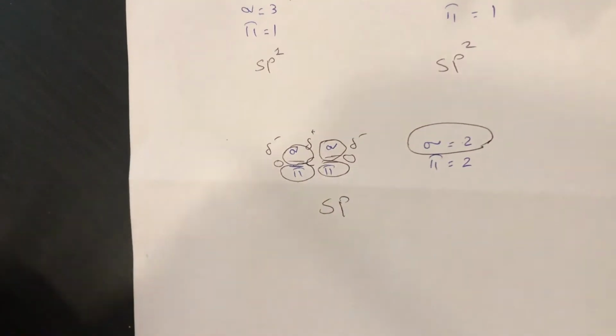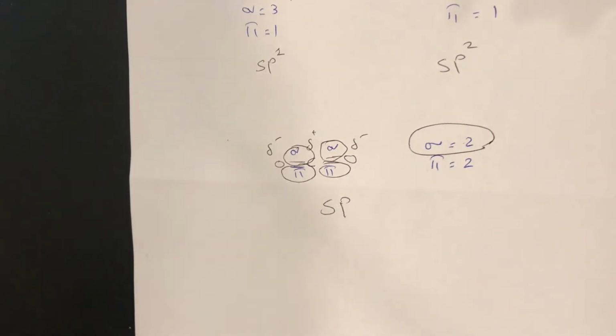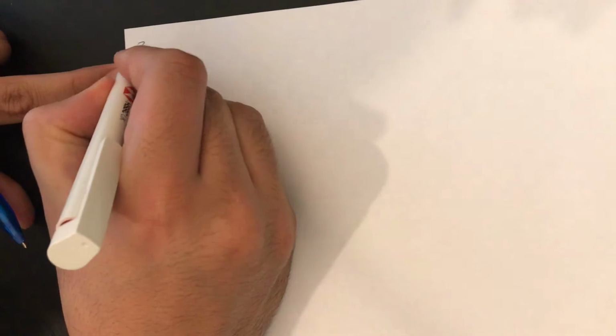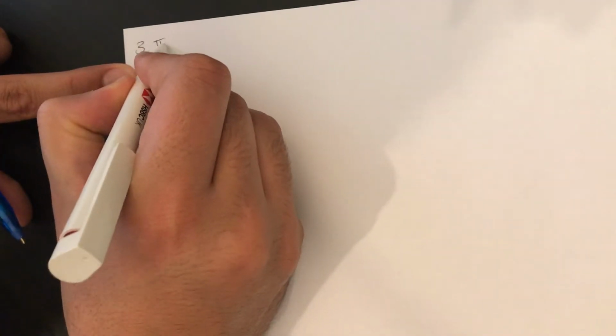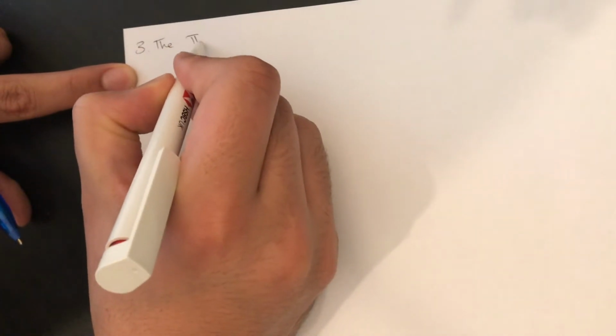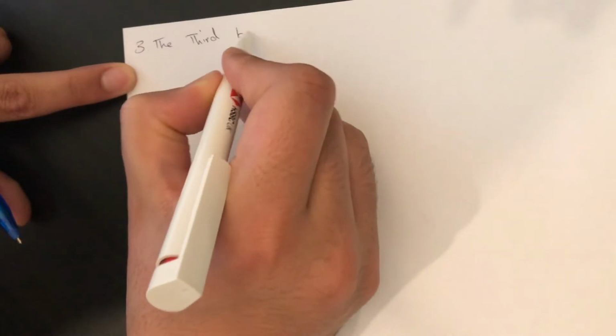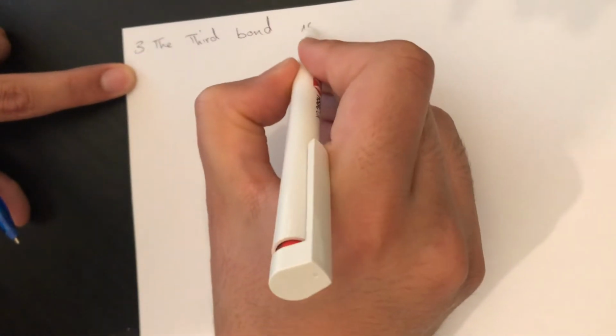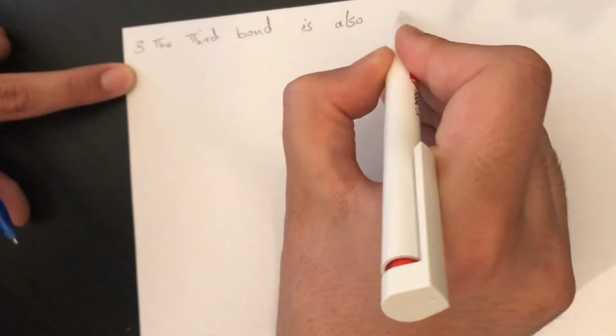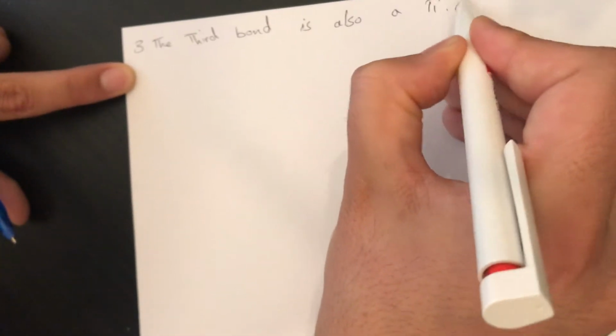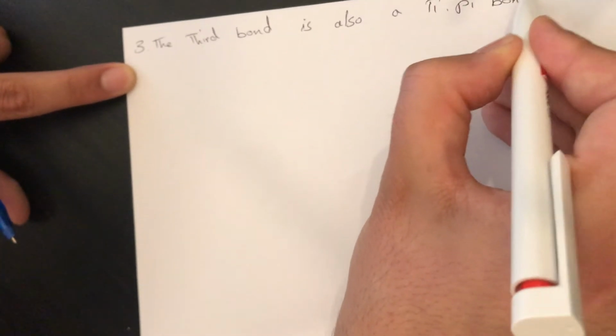Very straightforward. But this is not always going to be as straightforward as this, so we may also get triple bonds. The third bond is also a pi bond.